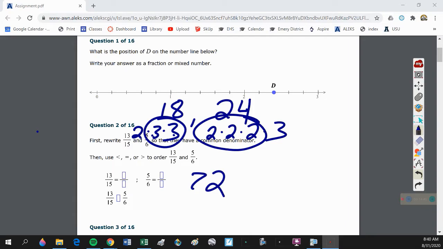If I put an extra 2 in there, then I would have 144. Does 18 go into 144? Yes. Does 24 go into 144? Yes, but it's bigger than it needs to be.